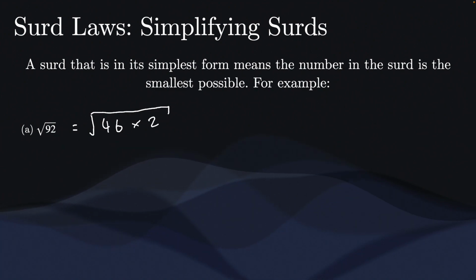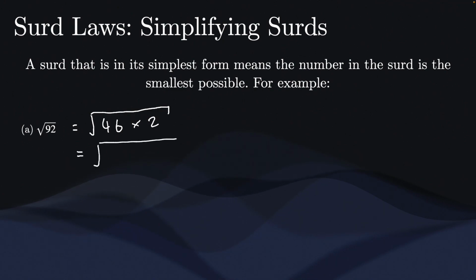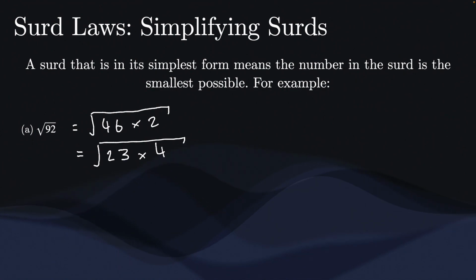And 46 can yet again be divided by 2. So we can say that that is the square root of 23 times 2 times 2, which is 4. So square root of 23 times 4. Now, we know that 23 is prime, right? So this can't be simplified anymore. But 4, however, can be.